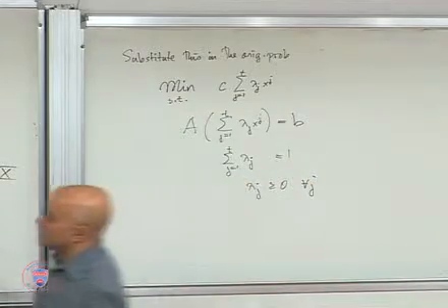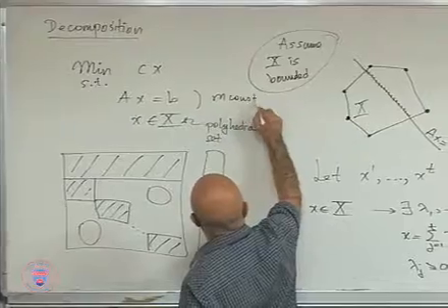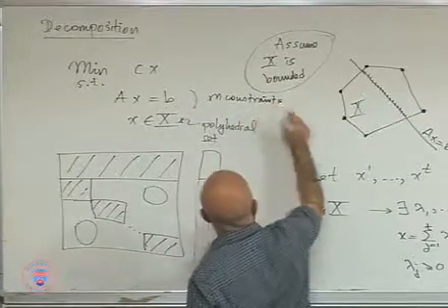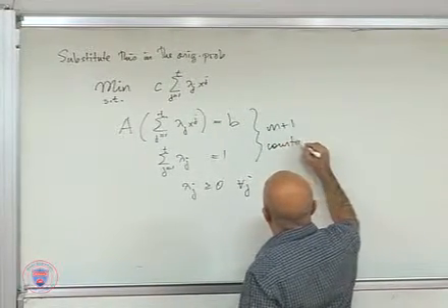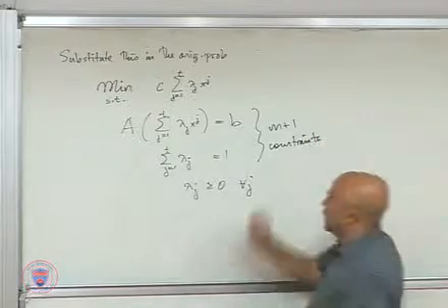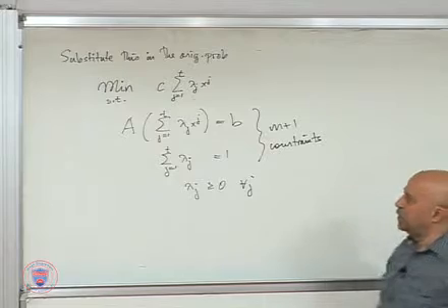All right. So if the initial problem had m constraints here, we ended up with m plus 1 constraints here. And your variables are lambdas now rather than anything else.